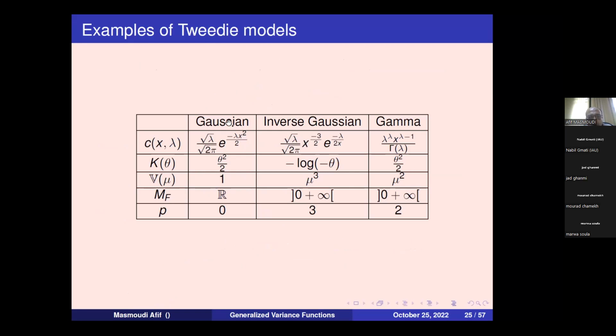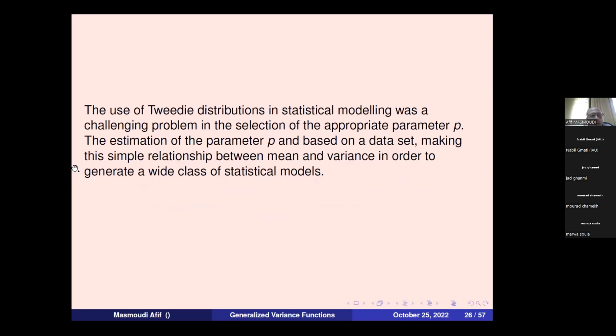Here, the variance function of the Gaussian model is equal to the constant 1. The inverse Gaussian has mean power 3, the gamma mean power 2. The use of Tweedie distributions in statistical modeling was a challenging problem: the selection of the appropriate parameter p, the estimation of the parameter p based on a data set, and making the simple relationship between mean and variance in order to generate a wide class of statistical models.